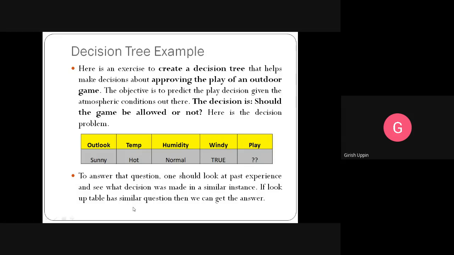It is like running a select query where outlook is sunny, temperature is hot, humidity is normal, and windy is true, and you get the value of play. If that value is available, then we can use the lookup table. If it is not available, the lookup table will not be able to make the decision.